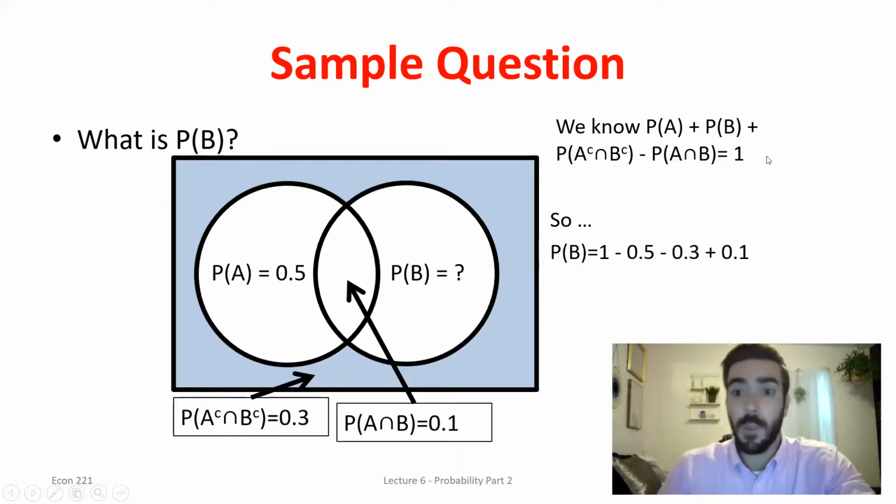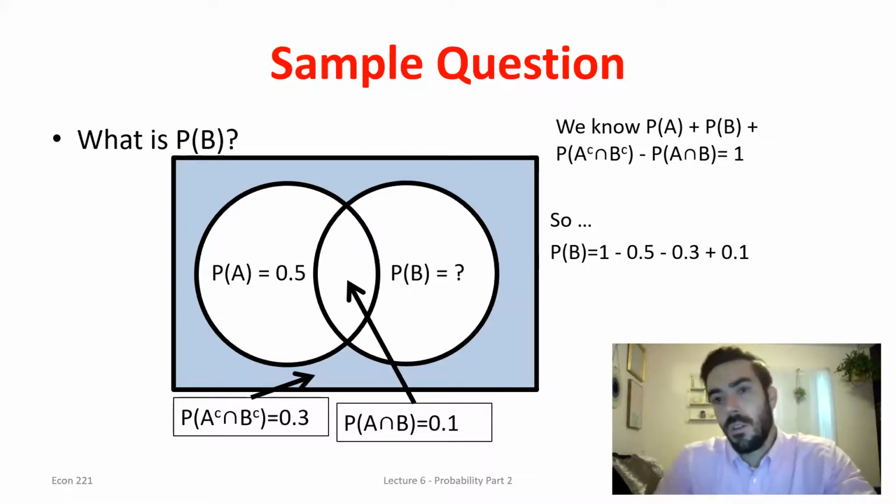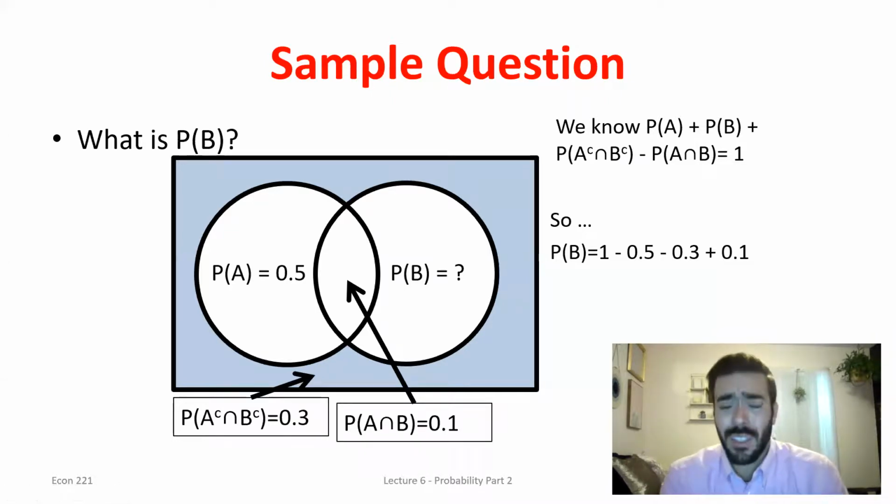I could solve for the probability of B, since that's what I don't know, and then plug everything in. That's what I have here. Two different ways of doing the same thing. I personally think it's easier to plug the numbers in and then do the algebra, but that's me. Personal preference, really, at that point.